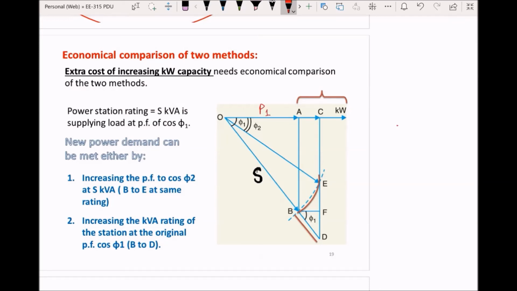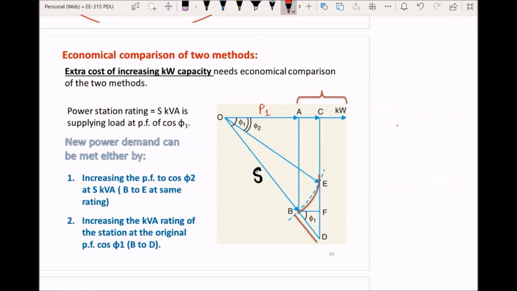Okay, and supplied at power factor cos phi 1, and with the kVA rating of the plant is S. So OB equals S, the apparent power.